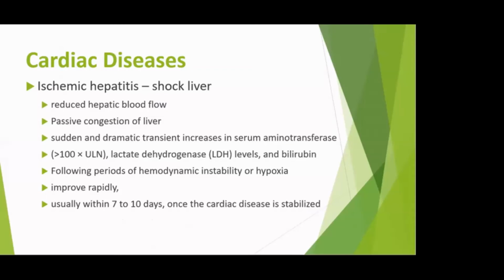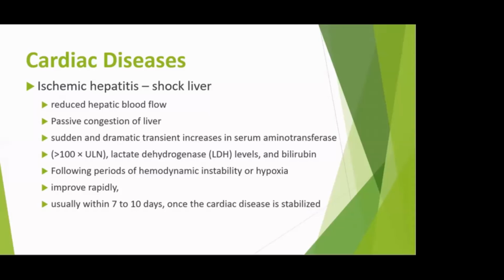In cardiac diseases, it can also have hepatic manifestations, including ischemic hepatitis and congestive hepatopathy. The pathophysiology of ischemic hepatitis, also known as shock liver, is poorly understood, but it's thought to result from a combination of reduced hepatic blood flow and passive congestion of the liver from underlying cardiac disease.